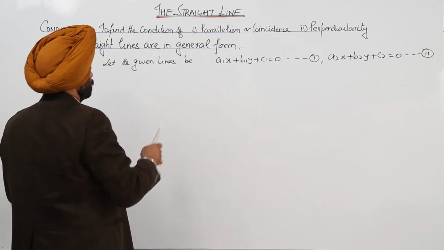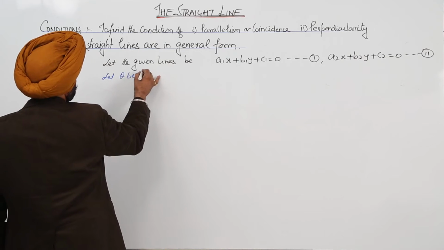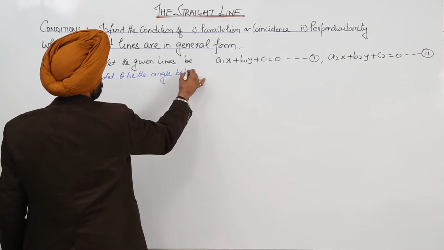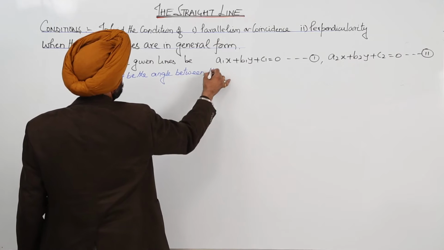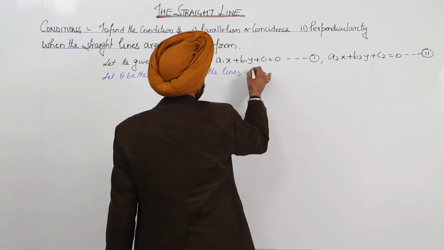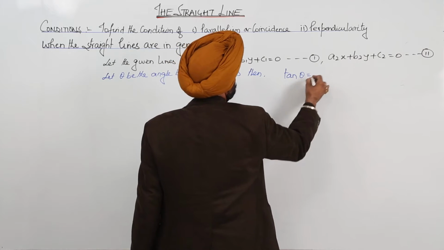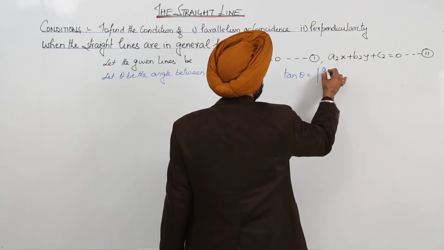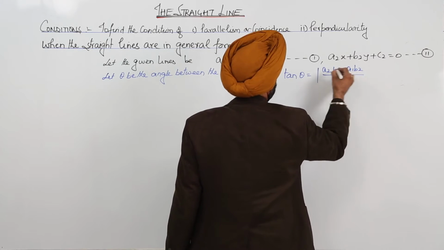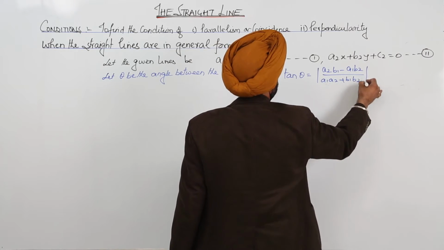Now let theta be the angle between the lines, then tan theta is equal to a2b1 minus a1b2 upon a1a2 plus b1b2.